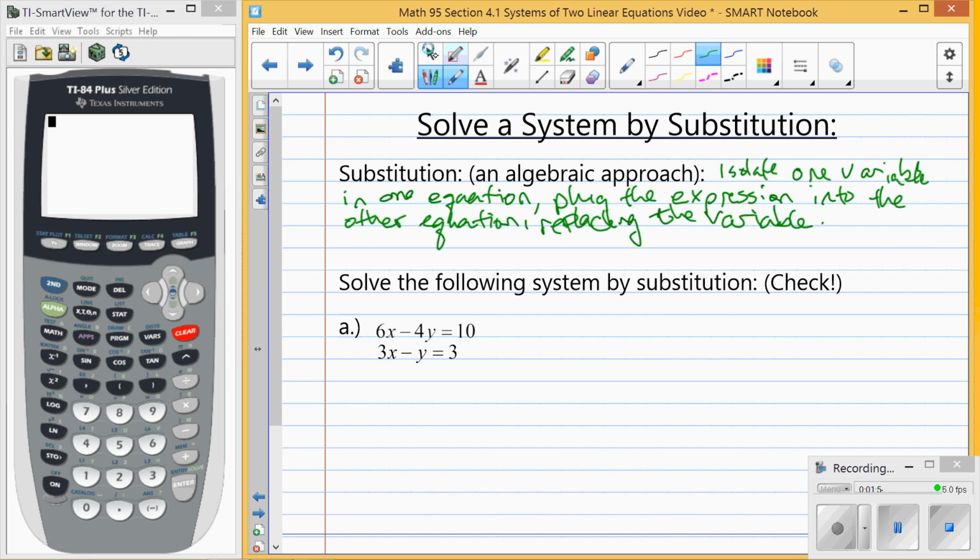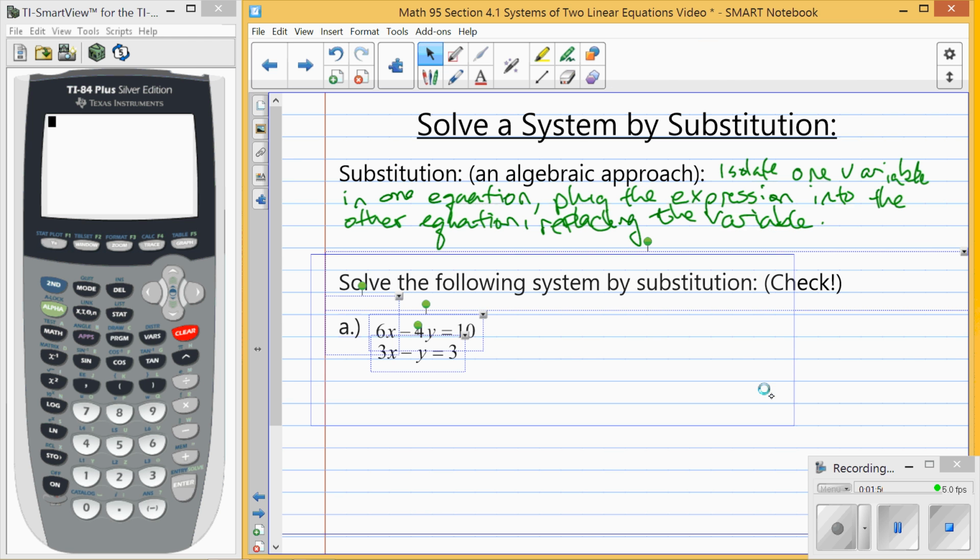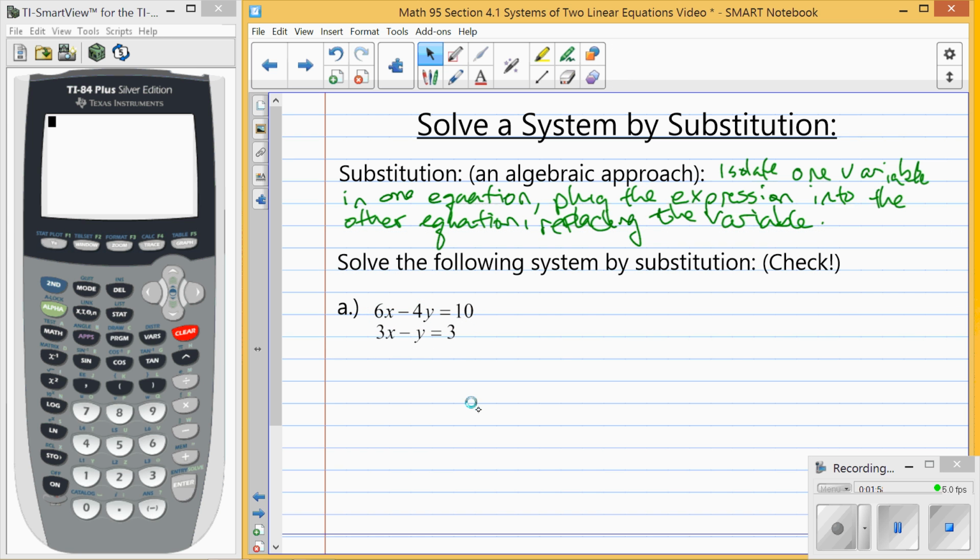So to show you what that looks like, we're going to solve this system by substitution. When you're doing this, it's really nice to pick easy choices. Easy choices are coefficients of 1 or -1. So I would like to isolate the y in this equation. It's going to be the easiest one to do.